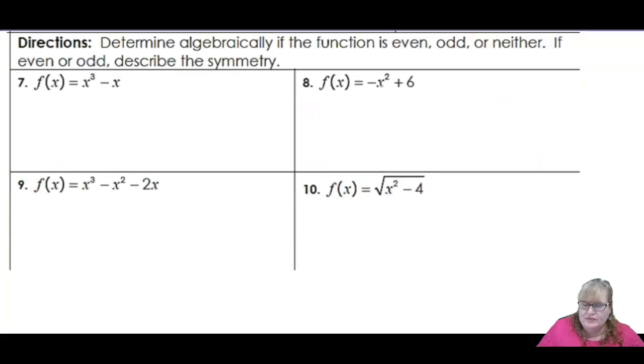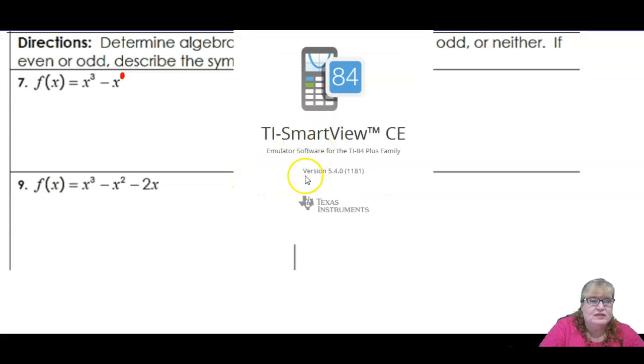All right. Determine algebraically and test if these are even, odd, or neither. I'm going to guess by looking at this that there's a 3 and a 1 here, so that this might be an odd function. What we need to do is graph it, but we're also going to have to test it algebraically.